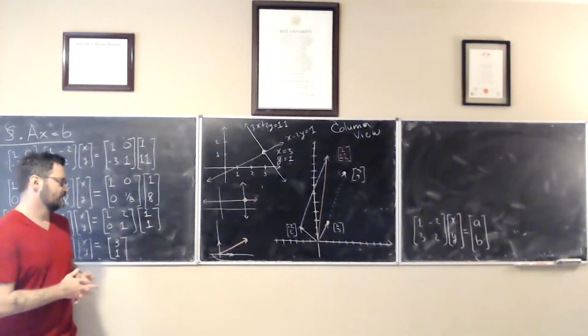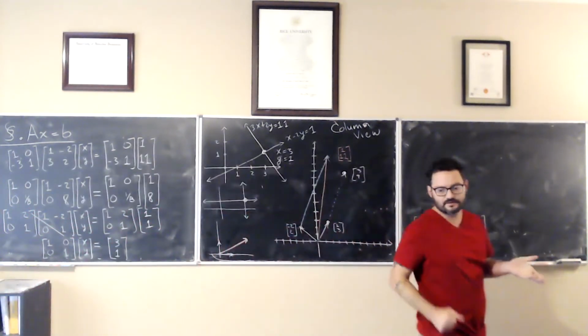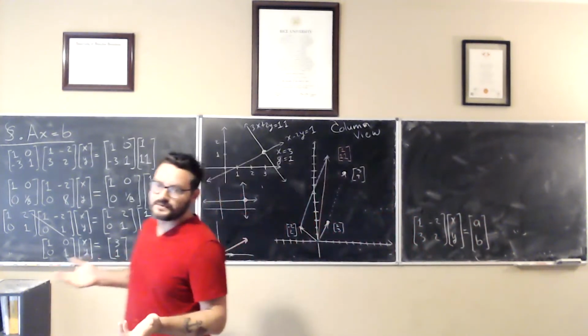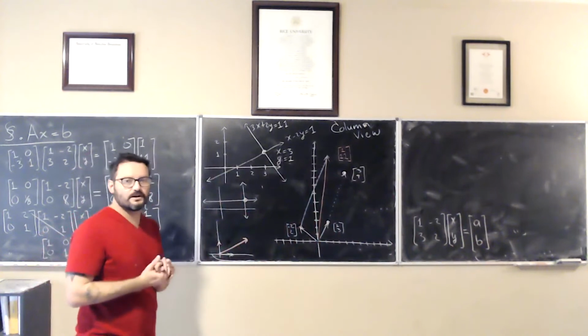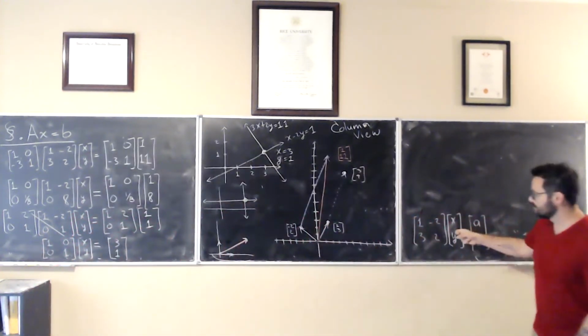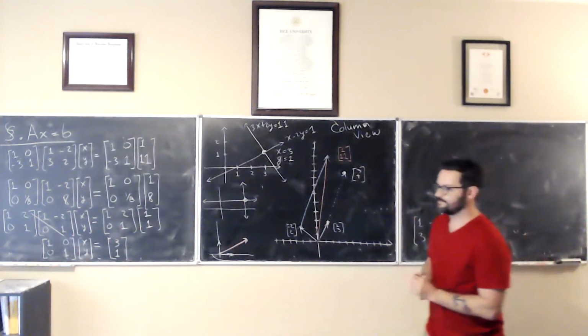What can you predict about it? Because you can't always solve systems of equations, right? There's not always a solution for x and y. But is there a solution to this equation for any A and any B?